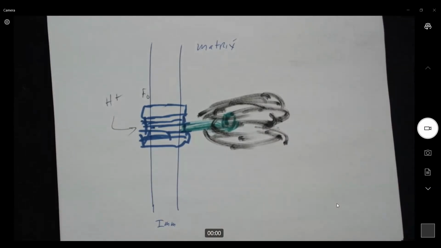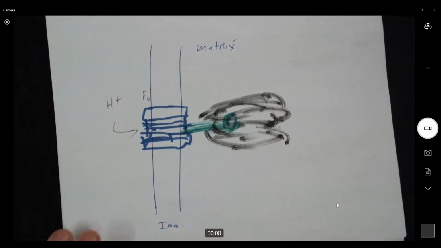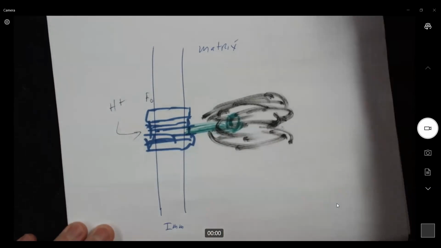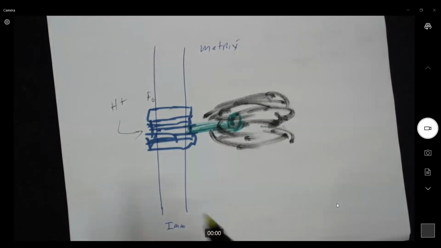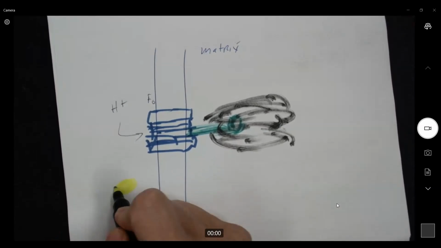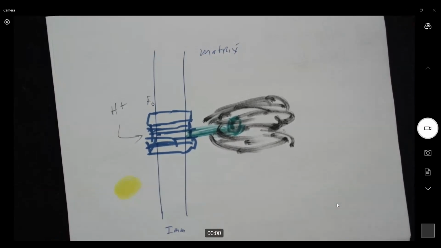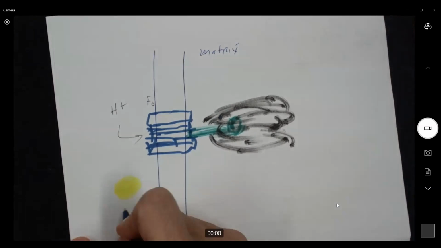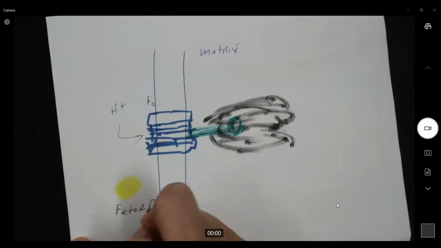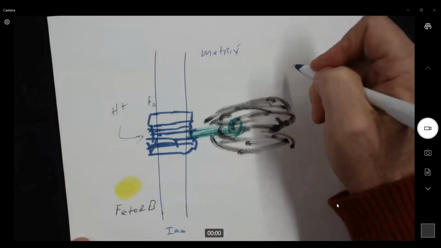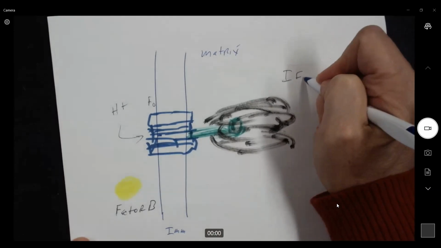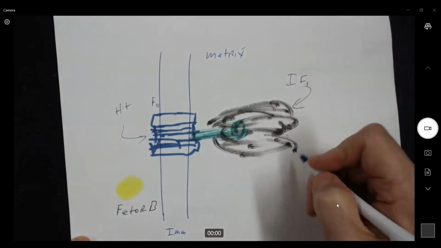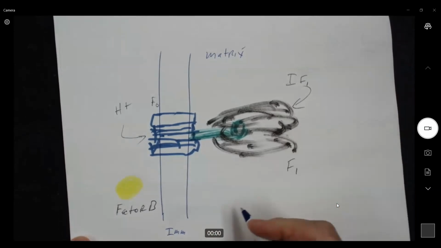All right, so you have a second protein that is called factor B. Let's make factor B just this big yellow blob like that. So IF-1 interacts with the F sub 1 subunit.